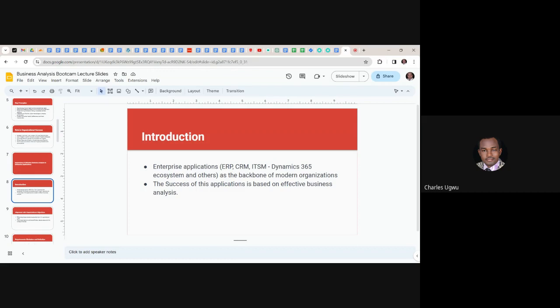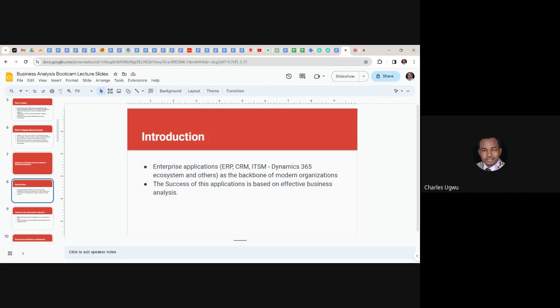White label means that you can configure and customize it to your specific need. So the business analyst makes sure that all these enterprise applications are configured and customized to their need. Company A and company B might be using the same enterprise application and using it differently because of the customization. So business analysts make sure that you configure and customize them.